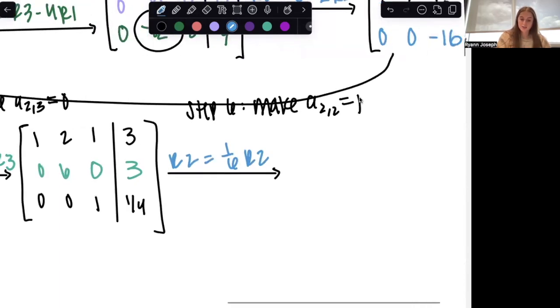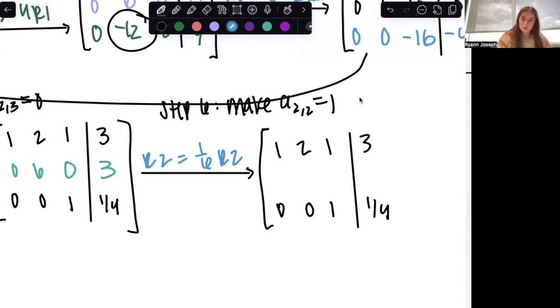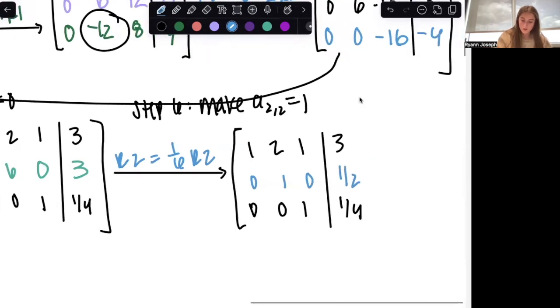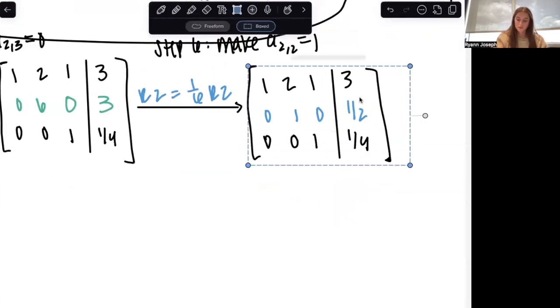I'm going to divide by 6 so that I make this into a 1. Again, row 1 and row 3 don't change. 1, 2, 1, 0, 0, 1, 1/4. I'm going to multiply row 2 by 1/6. 0, 1, 0, 1/2. Getting so close. So again, looking at this, let me duplicate this first.